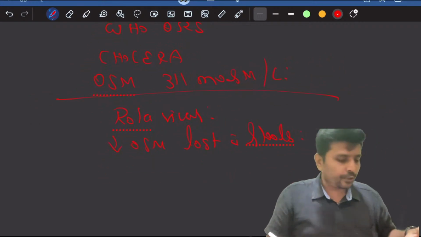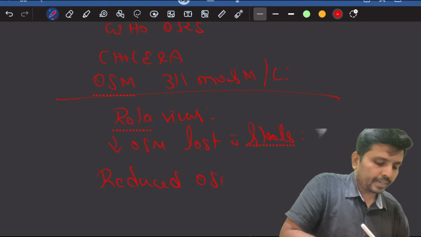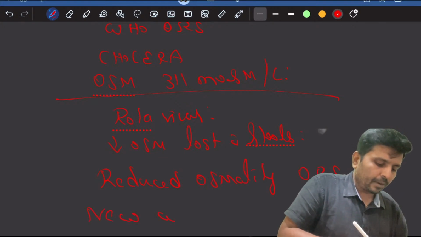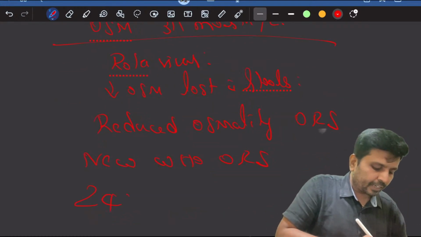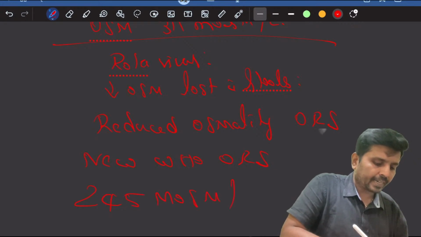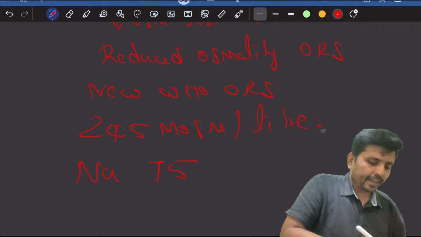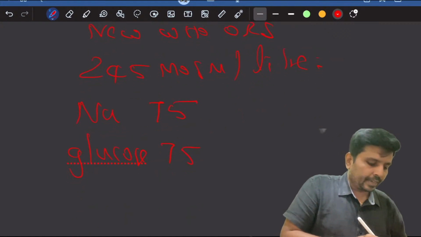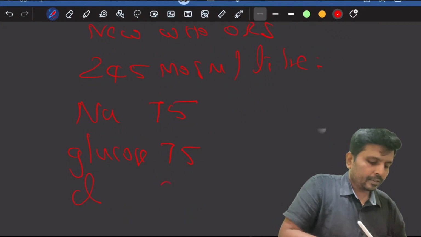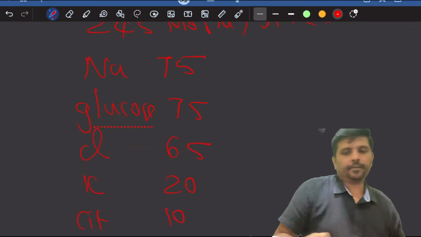So we use reduced osmolarity ORS, that is called the new WHO ORS, whose osmolality is 245 milliosmol per liter, and it contains sodium 75, glucose 75, chloride 65, potassium 20, citrate 10.